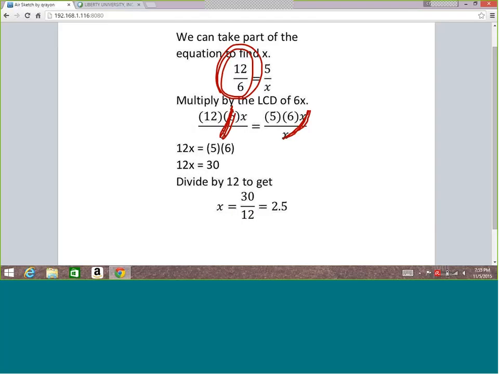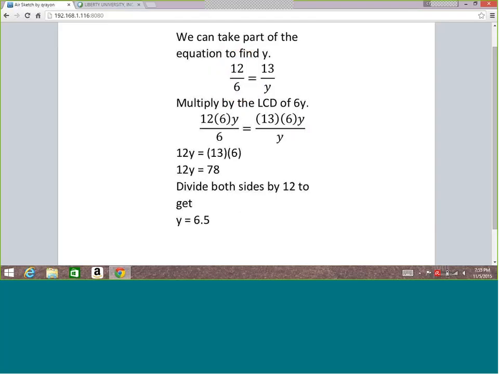Okay, so I come over to here, and now the least common denominator is 6y. So I multiply by 6y on both sides. And what that does is allows me then to get rid of the fractions. And I have 12y on the left and 13 times 6 on the right. And when I divide both sides by 12, I get 6.5.